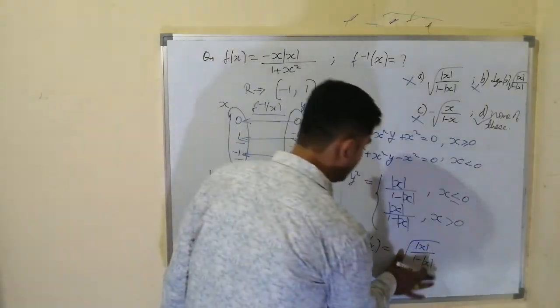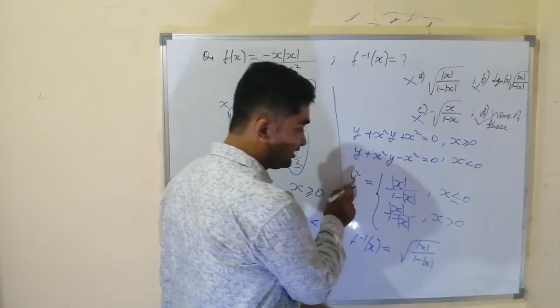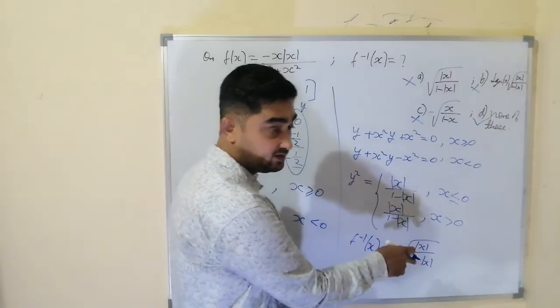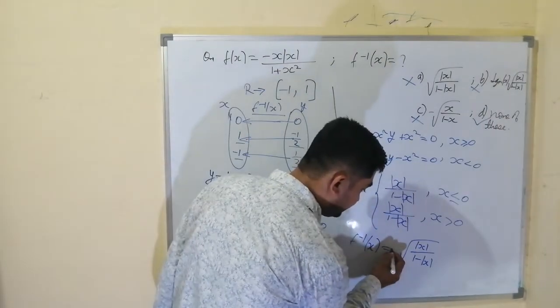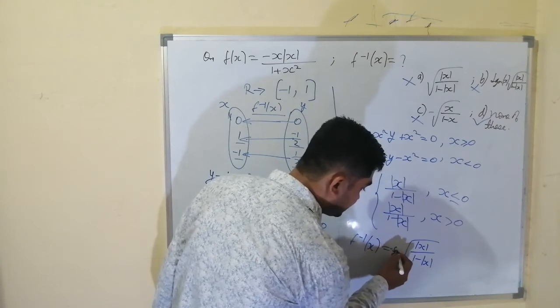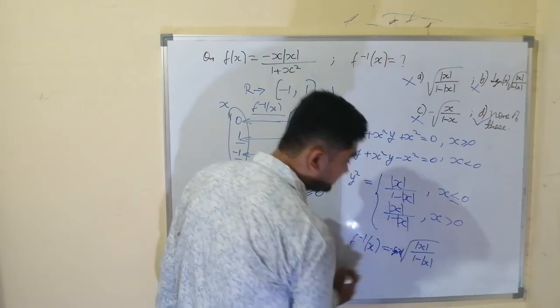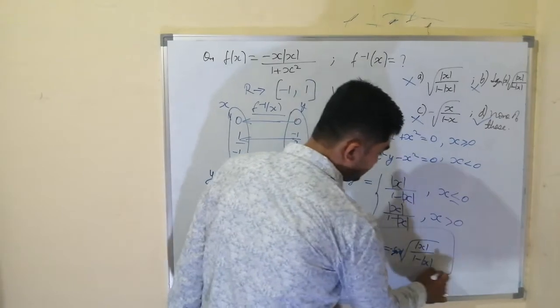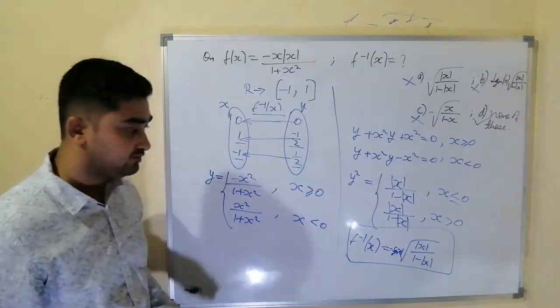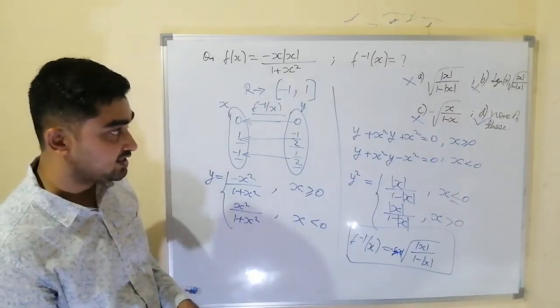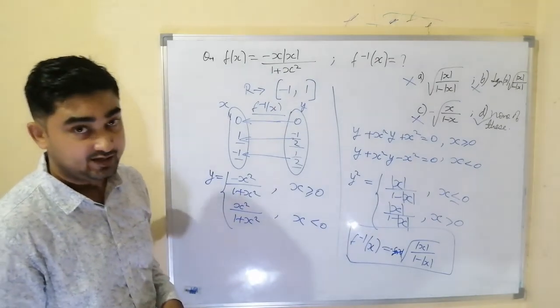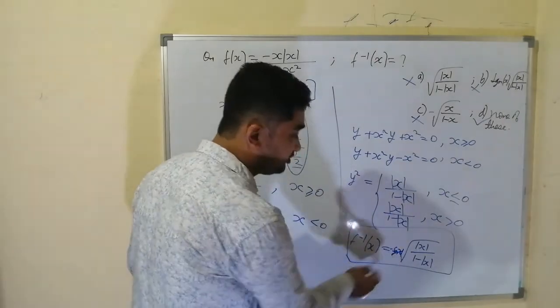So here we have to put, because under root of anything is plus minus of that thing, minus sign of x, because sign of f inverse x is opposite to sign of x. So minus sign of x.